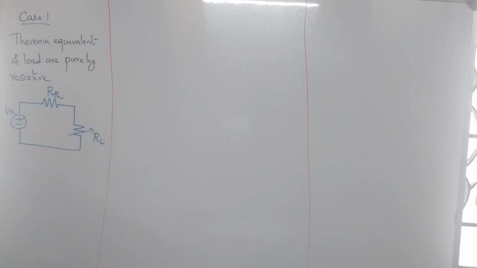And we have learned that in this case RL should be equal to RTH for maximum power transfer, and maximum power transferred is equal to VTH squared by 4 RTH. This is the case which we have seen. Now let's see case 2.